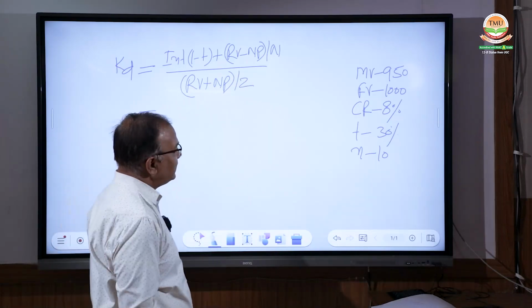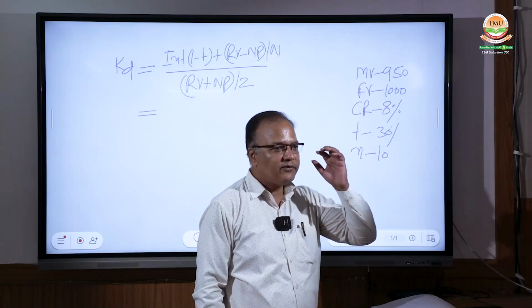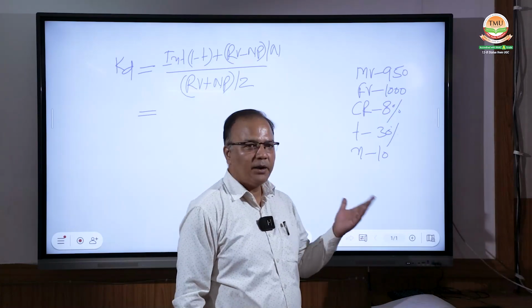Now, in this question, face value is given to you, but net proceed is not given.